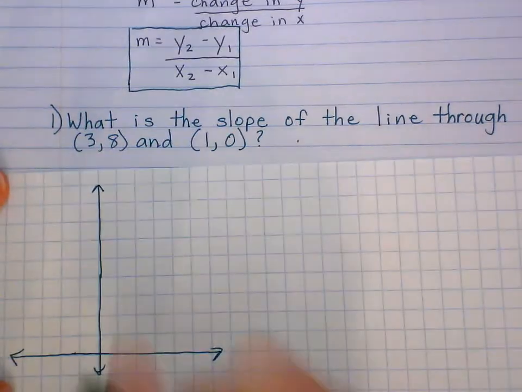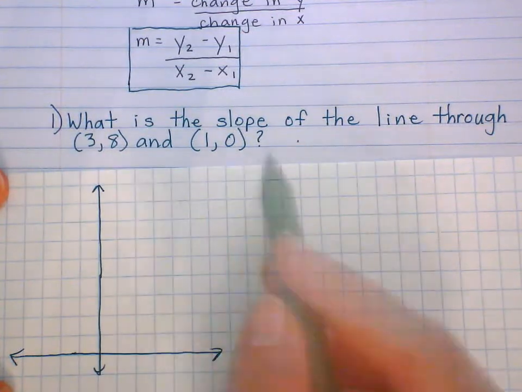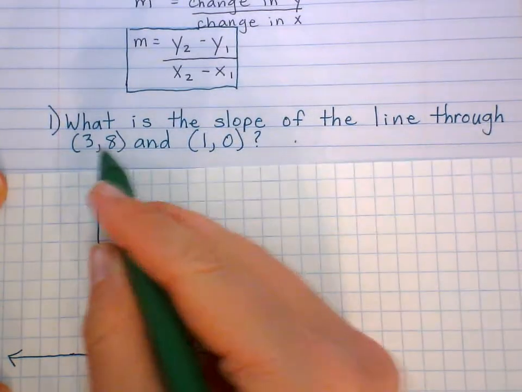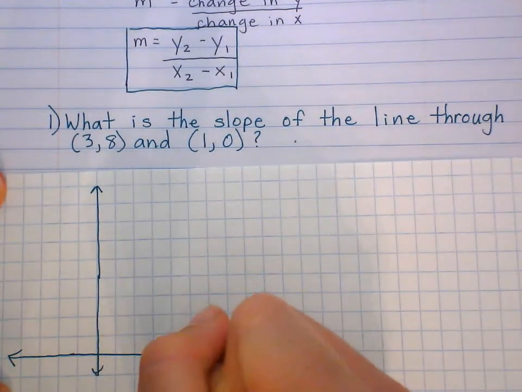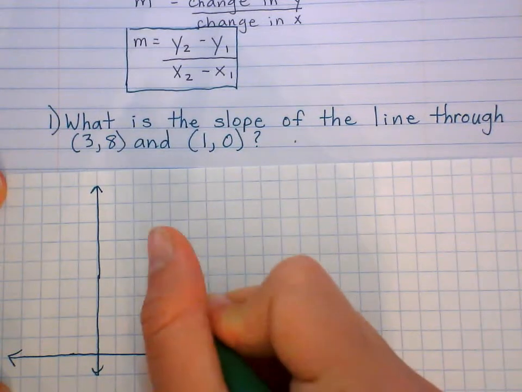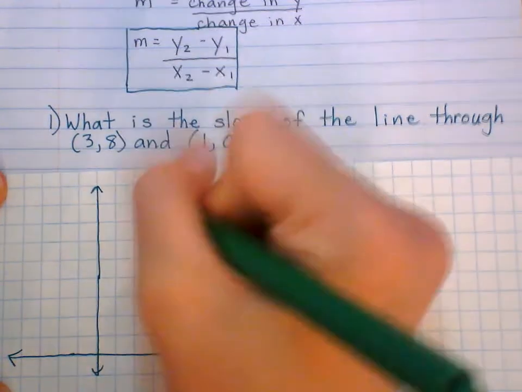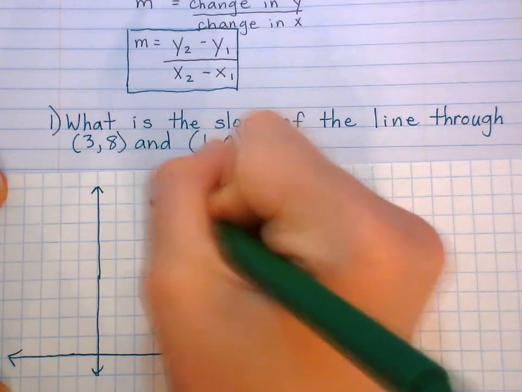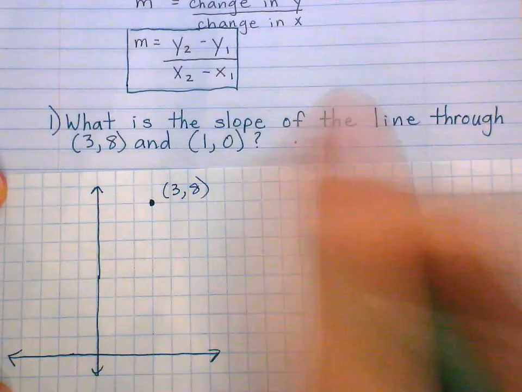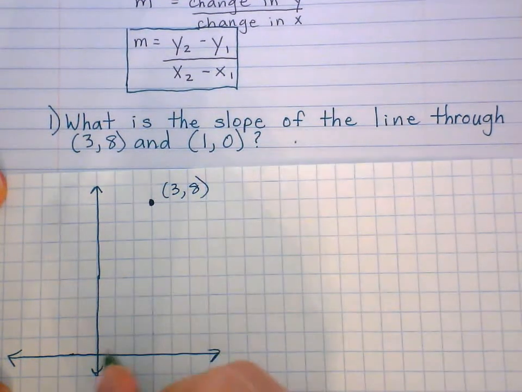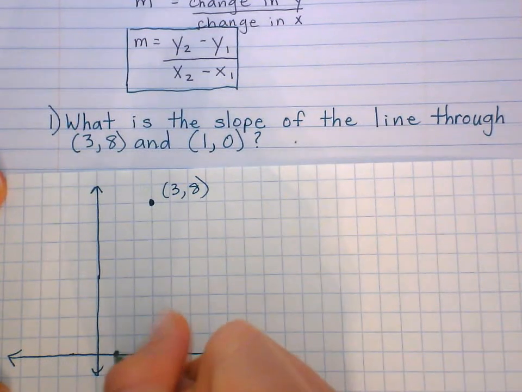I just knew that these weren't negative, so I didn't need those. You could graph (3, 8): over 3, up 8, 1, 2, 3, 4, 5, 6, 7, 8. Okay, so that was (3, 8). And (1, 0): over 1, up 0.